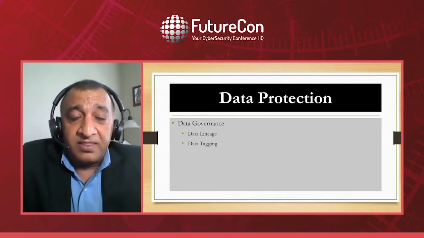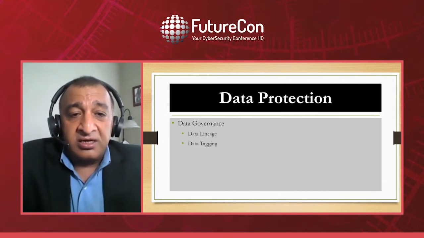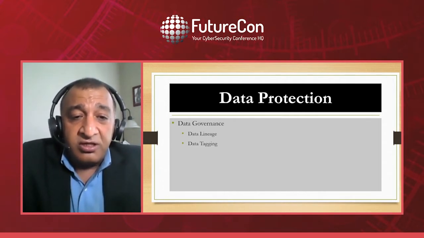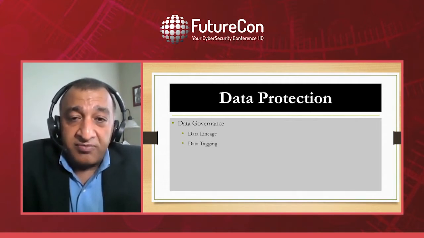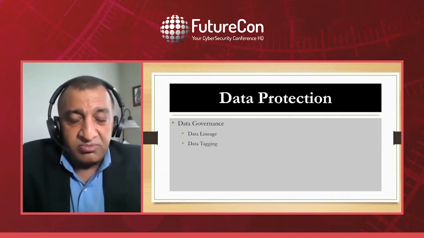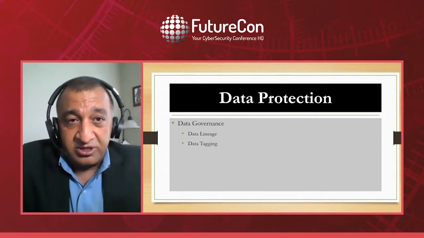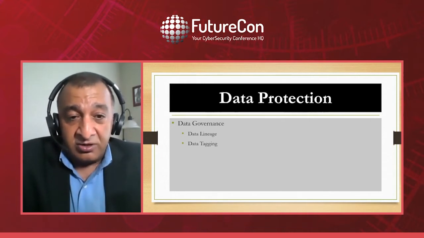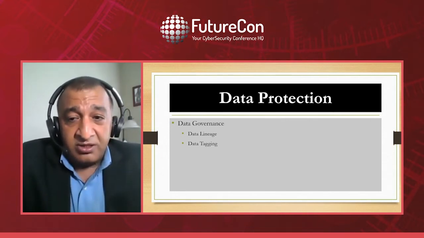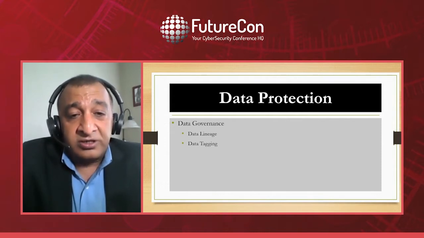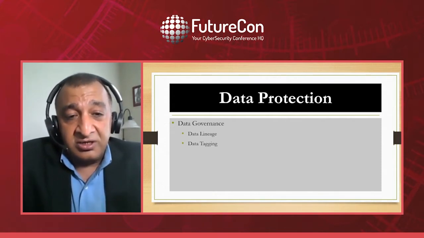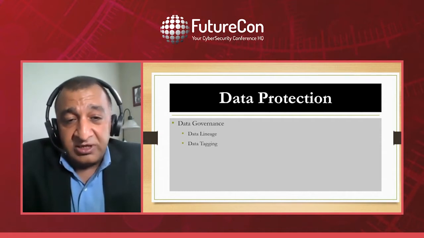All right. So the last piece within data privacy is data governance. Once you have classified your data into different classification levels, secret, sensitive, public information, whatever classification you decide, the next thing you would want to do is create a data lineage, which is nothing but data flow mapping.